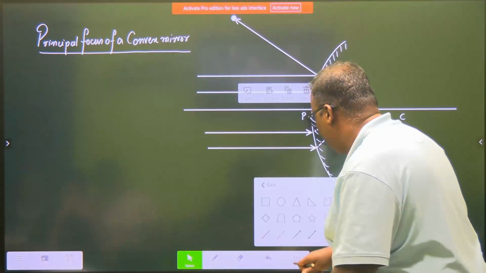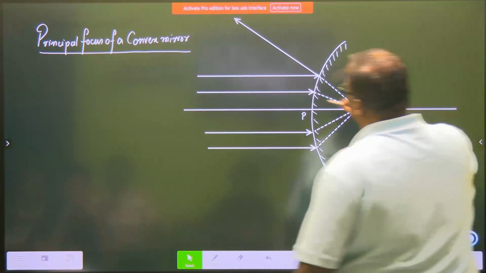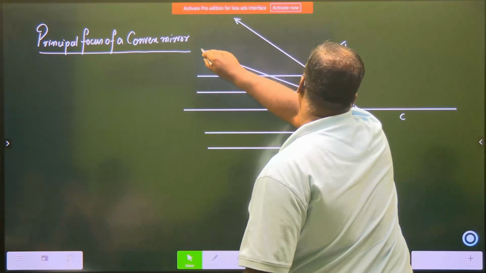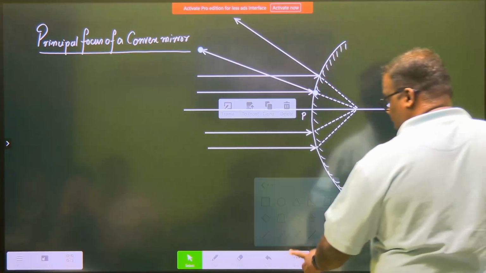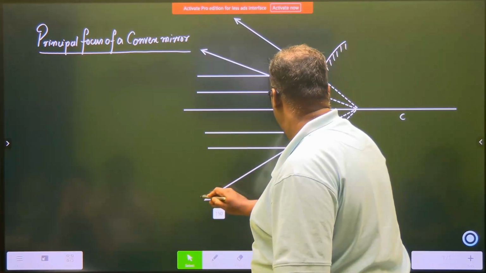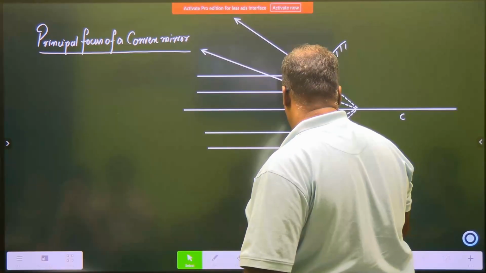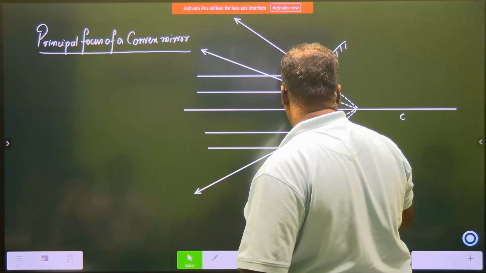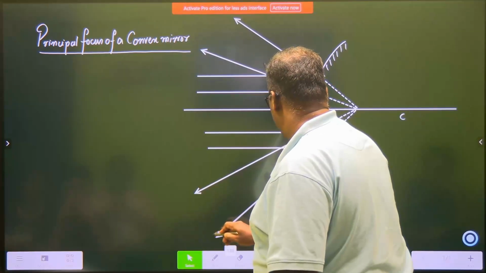First, see what I'm doing. My second ray, after reflection, will go out in this manner. Okay, don't draw anything, just see what I'm doing. My third ray will come out in this manner. My fourth ray will come out in this manner.